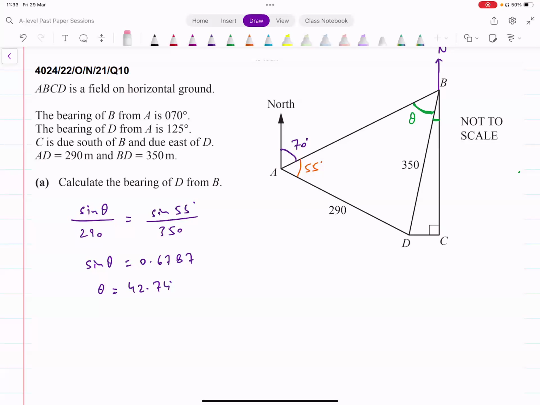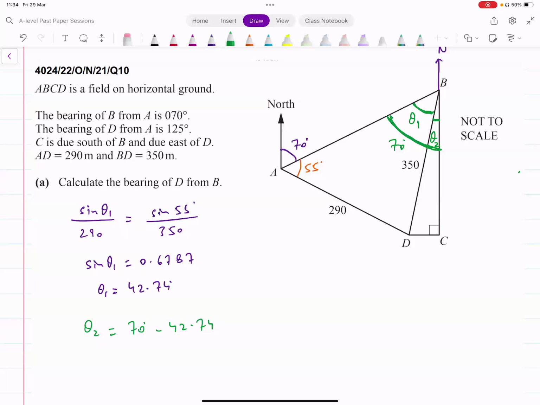Now, what about the remaining angle? Let's call this theta 1. This is the value that we have for theta 1. Let's call the other angle, the remaining angle theta 2. What's the value of that going to be? Theta 2 is going to be 70 degrees minus 42.74. Why? Because this angle is 70. If this is 70, this angle is an alternate angle.